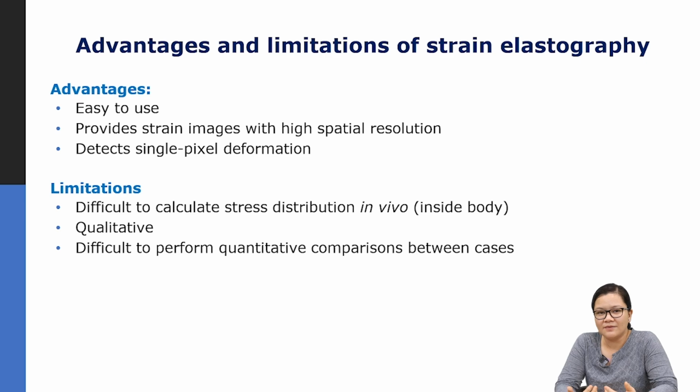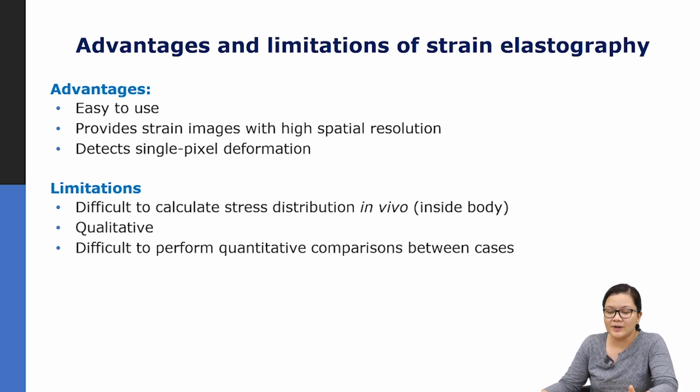Now, strain elastography is fairly easy to use. It can provide strain images with almost pixel resolution, but there are several limitations to these techniques. First, since one does manual compression, it is difficult to calculate the actual stress distribution inside the body.